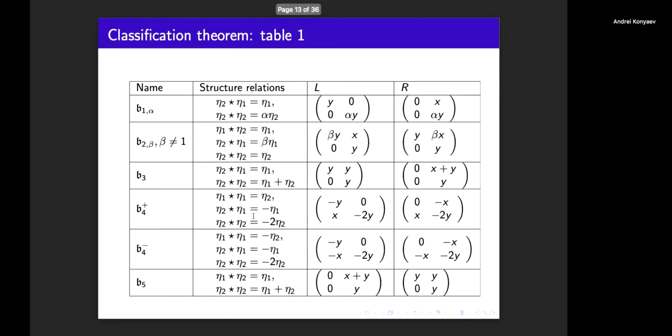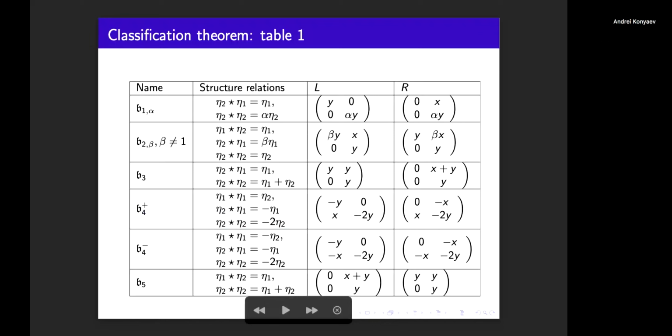This is the first list. The letter B in the name means that if you take the associated Lie algebra, then it is not commutative. The letter C in the next table means that the corresponding Lie algebra is commutative. So we see here, for example, B1 alpha takes any real number and goes like this. This is the multiplication.